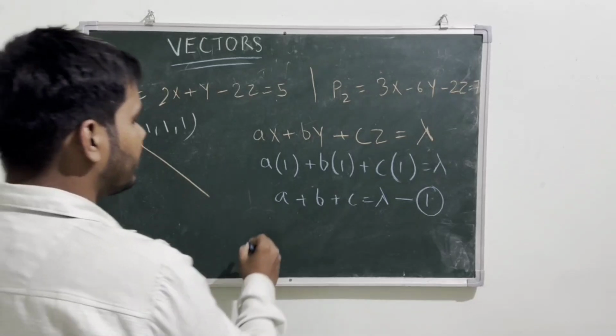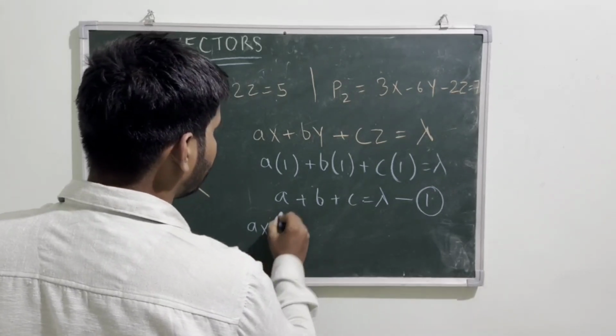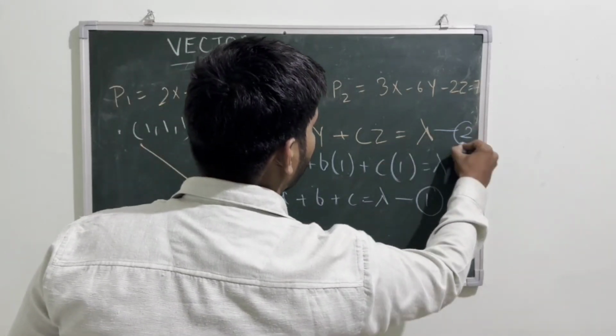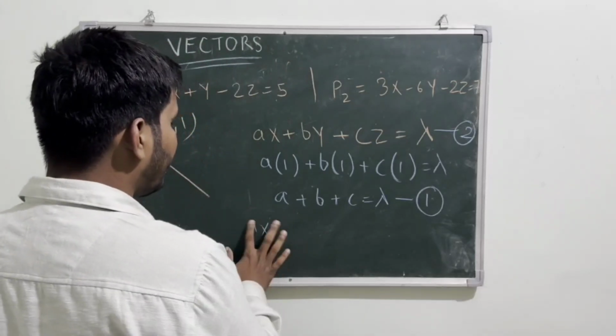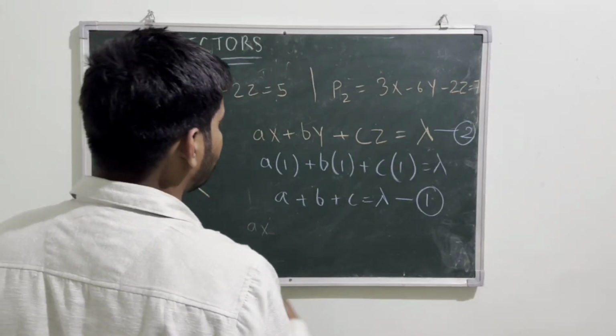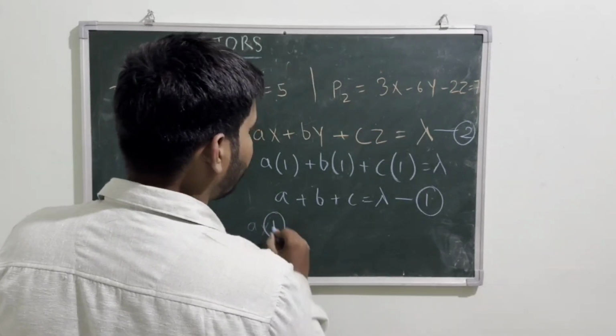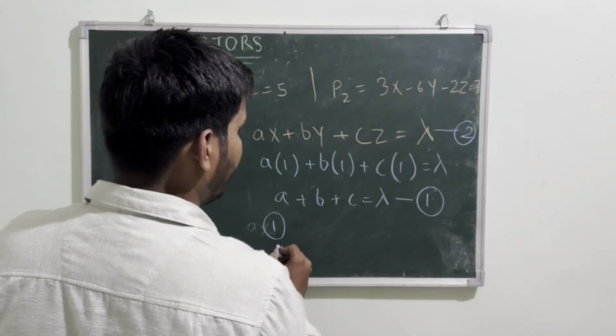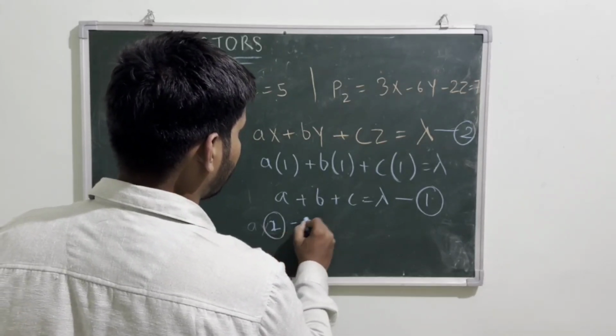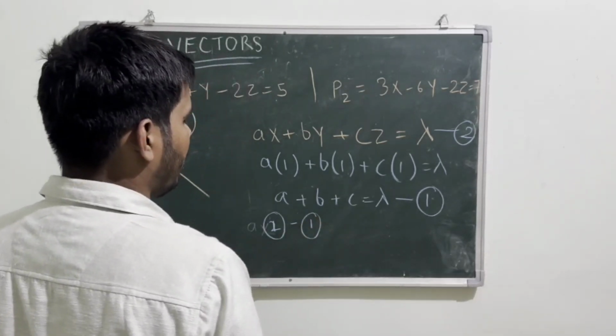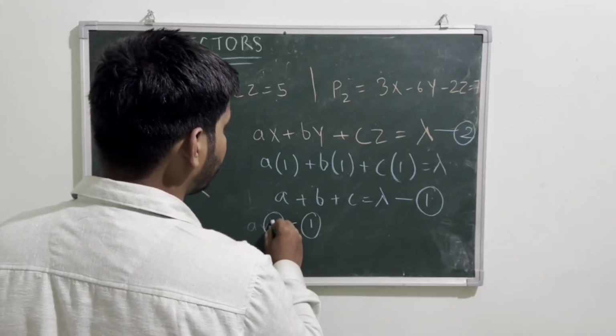And the second equation is ax plus by plus cz is equal to lambda. Okay, on subtracting both the equations, we get this. We can find it by subtracting the first from the second.